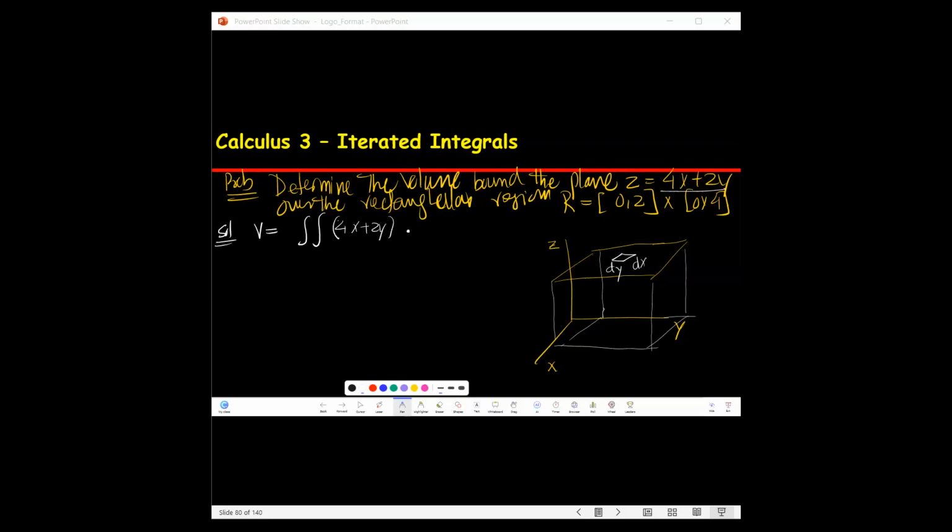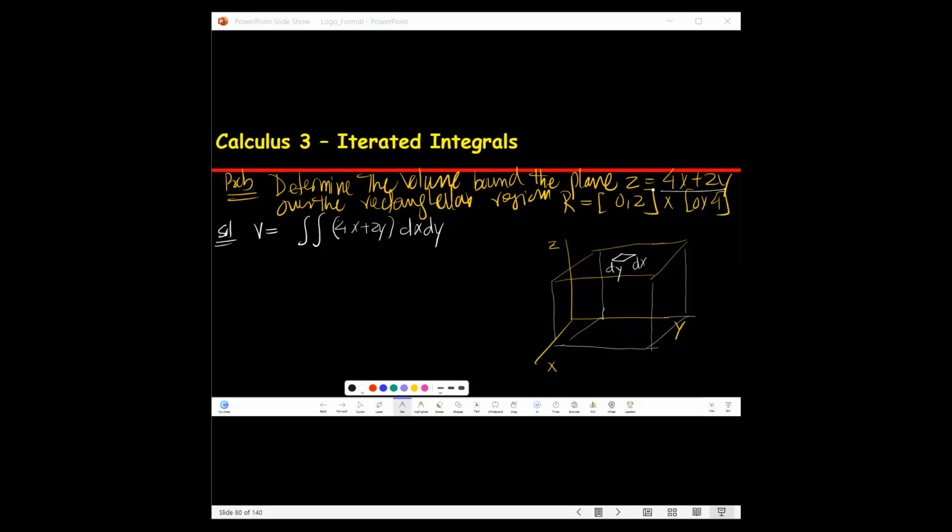Now that I have a choice, which one am I going to pick? I can pick dx dy. If I'm looking at this rectangle, the one that is given, it starts at something and ends at something. So it's going to go from 0 to 2. So maybe this is 0, this is 2.